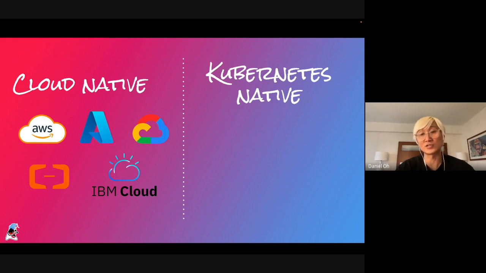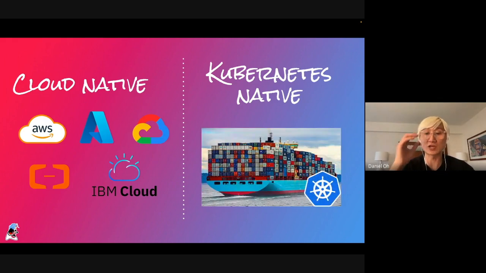What about Kubernetes native? Kubernetes native actually came from Kubernetes technology with Linux containers. It was invented back in 2014. Some of the public clouds actually adopt Kubernetes technology as a part of their public services, for example AWS Kubernetes Service, aka EKS, or Azure Kubernetes Service, the AKS, or Google Kubernetes Engine, things like that.